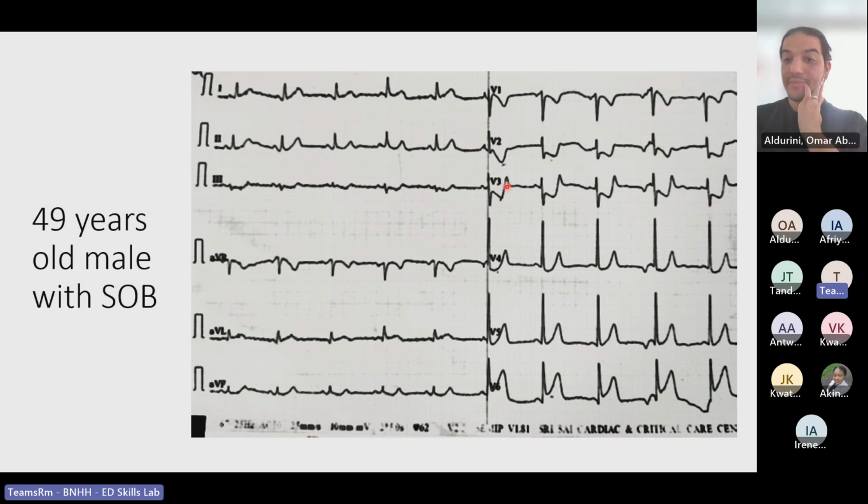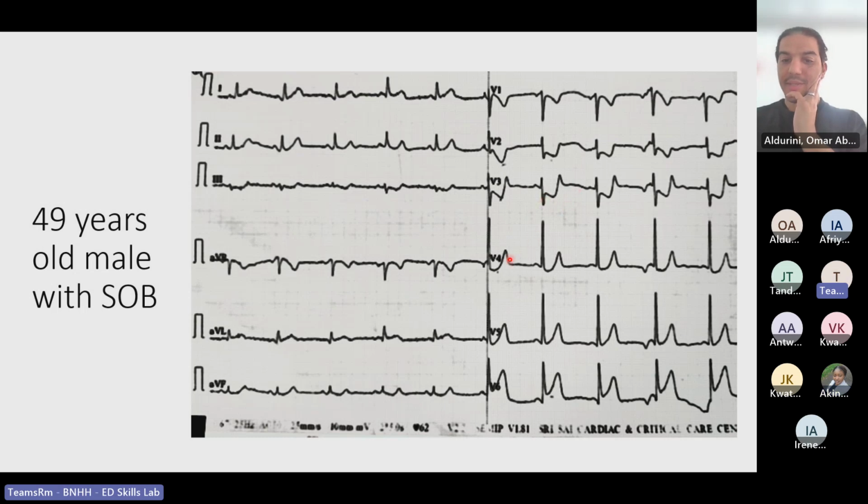What about V3? Okay, so am I correct? Except for V3, the J point is also depressed.